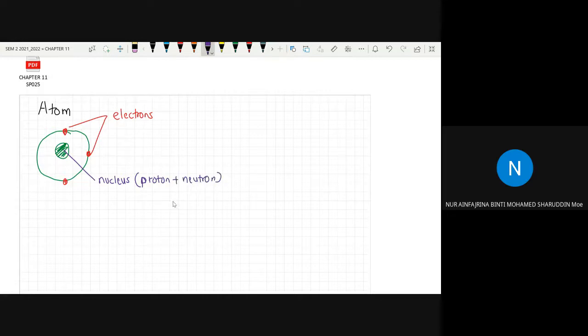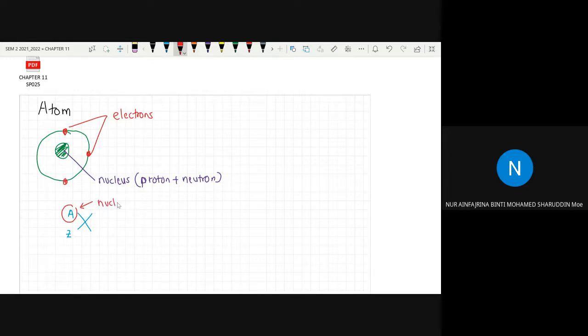So far so good everyone? Okay, then in the periodic table, we will have these two numbers, for example A and Z. And A is the number of what?